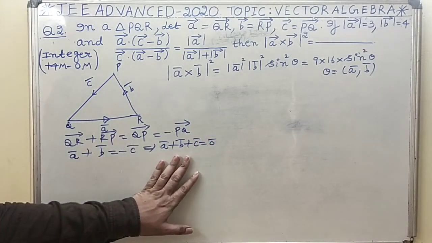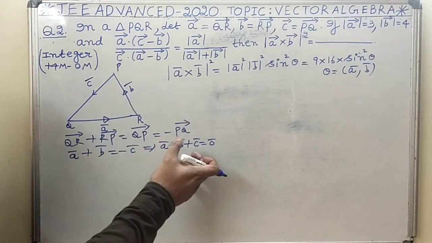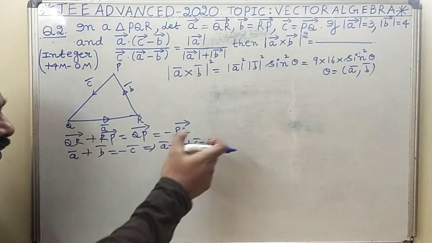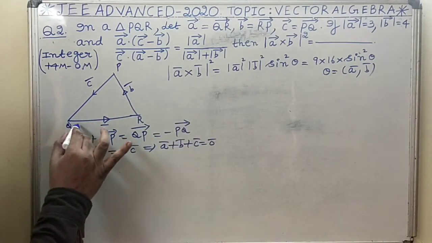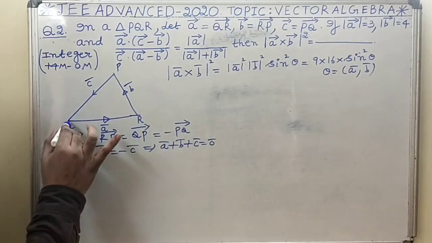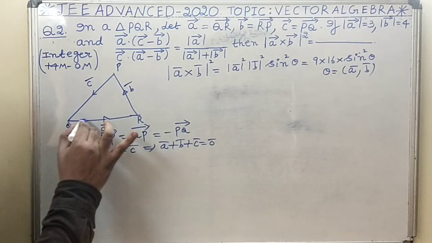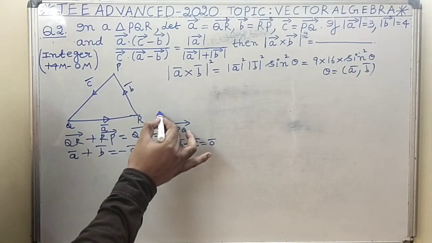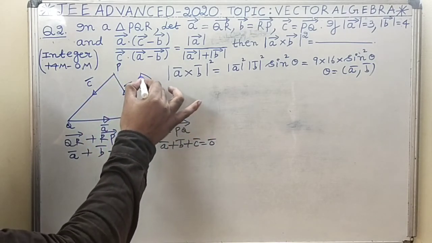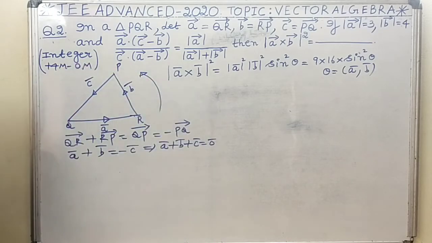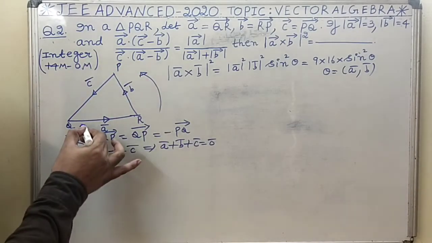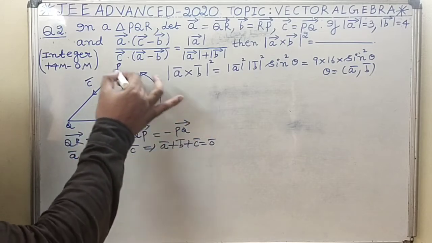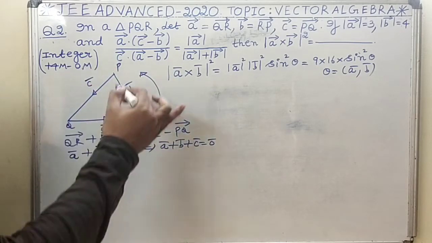This is the relation, and it will be used in a number of problems. Look at the vectors: the side vectors are all given in the same order, A bar, B bar, C bar, all in the anti-clockwise sense, and they are represented by the sides of the triangle in both magnitude and direction.